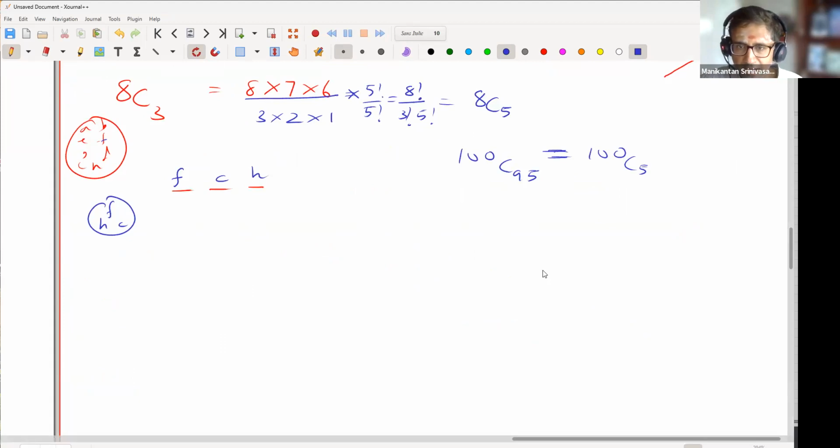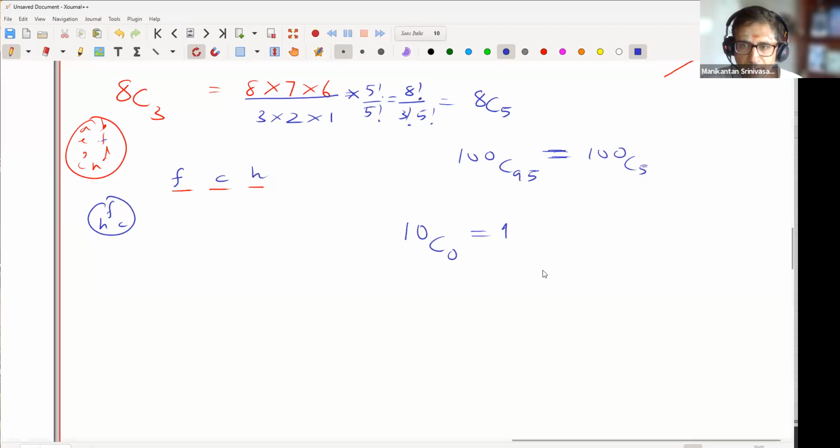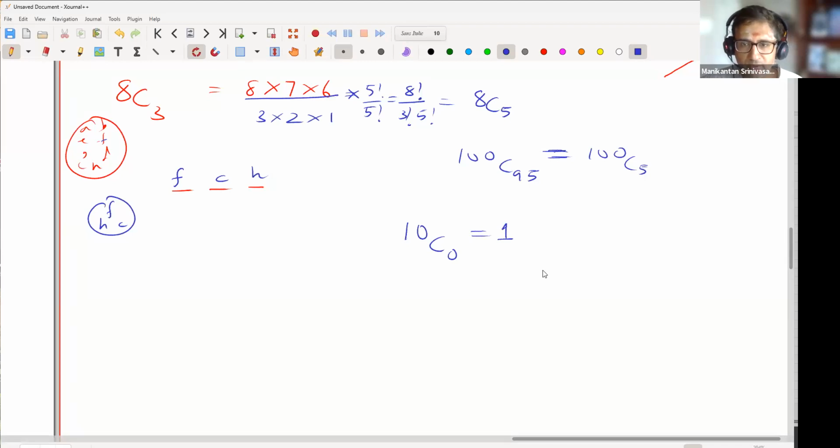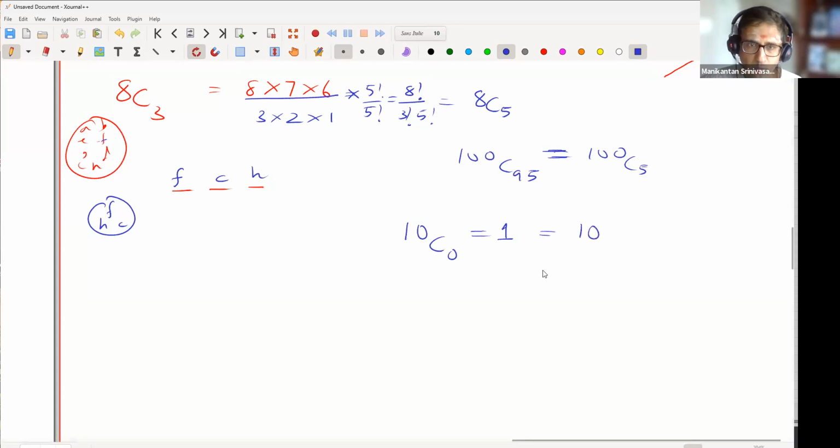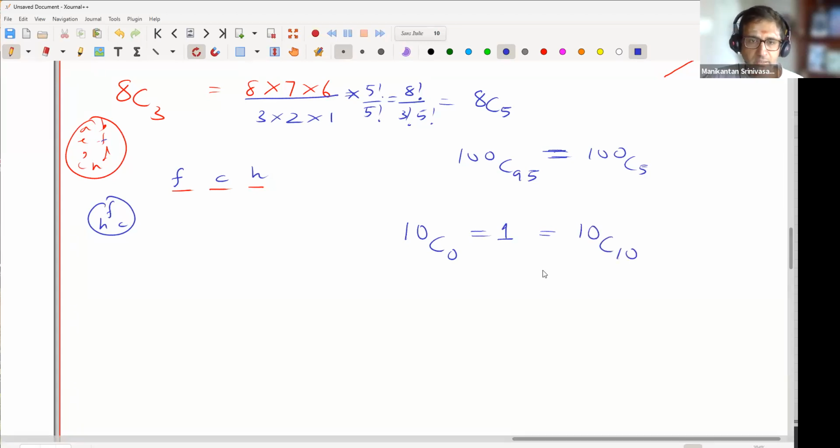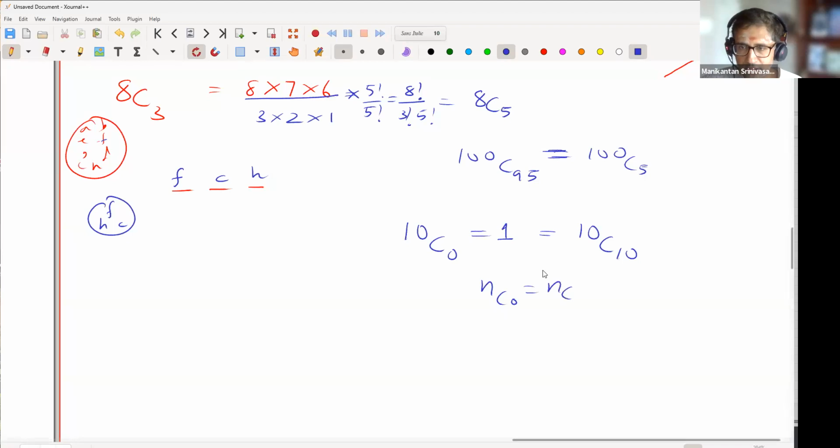If I have 10 choose 0, how many ways can I select 0 objects out of 10 different objects? Only one way. The act of not choosing anything is one way, right? And likewise, how many ways can I select 10 out of 10? Only one way. I literally have to pick up everything. So n choose 0 is the same as n choose n, which is 1.